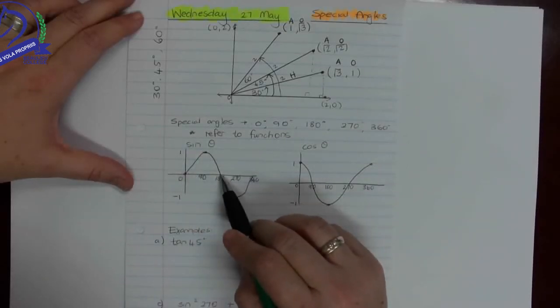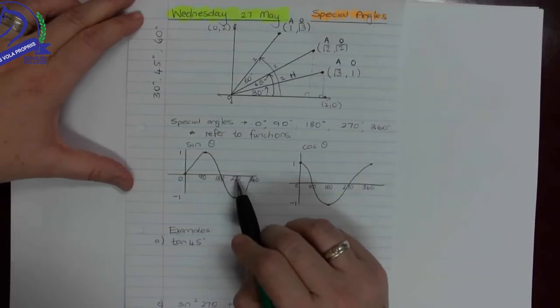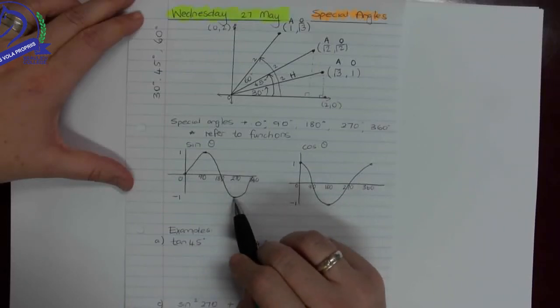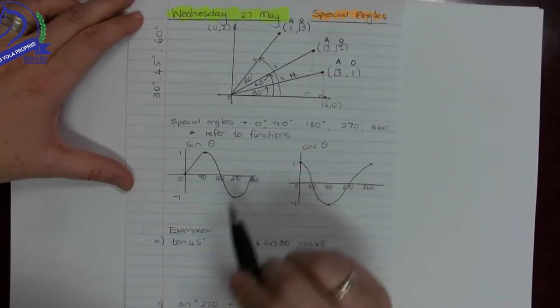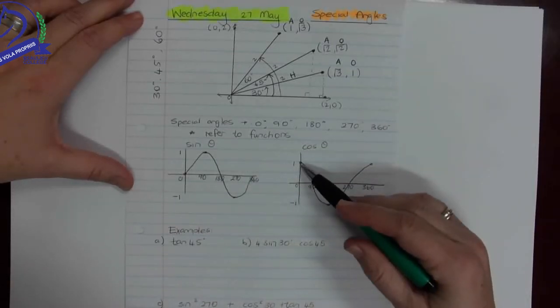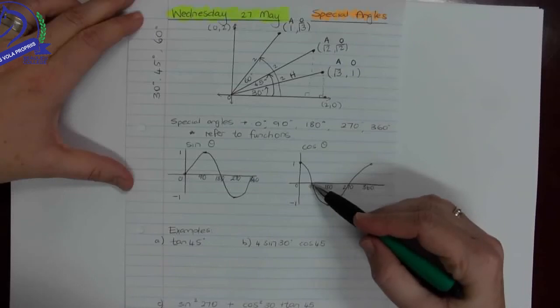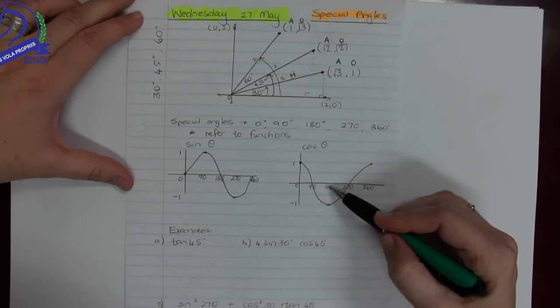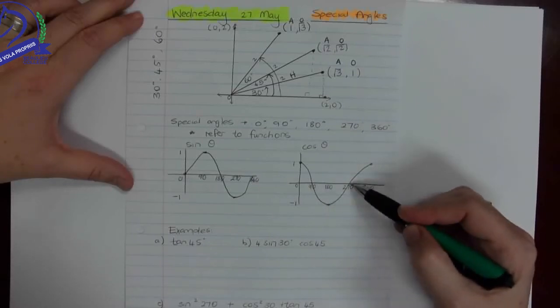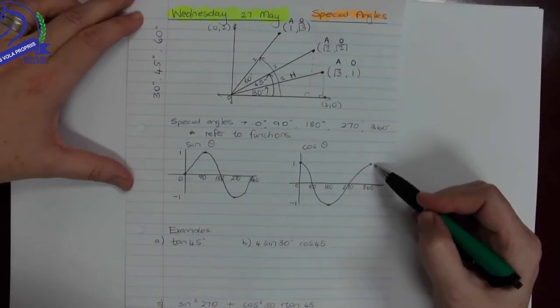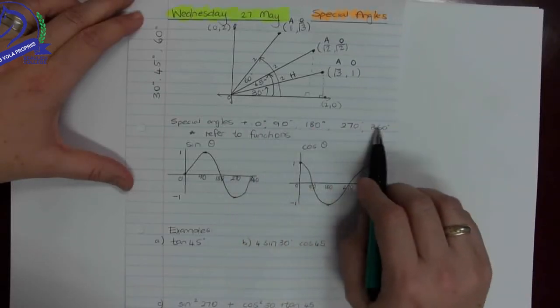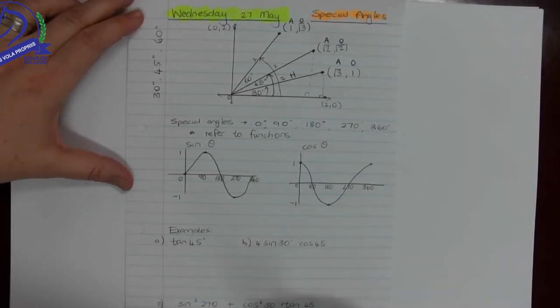Sine of 180 is 0. Sine of 270 is minus 1. And sine of 360 is 0. Cos of 0 is 1, cos of 90 is 0, cos of 180 is negative 1, cos of 270 is 0, and cos of 360 is 1. So you can use your functions to get those values as well.